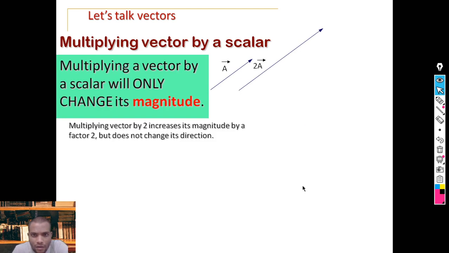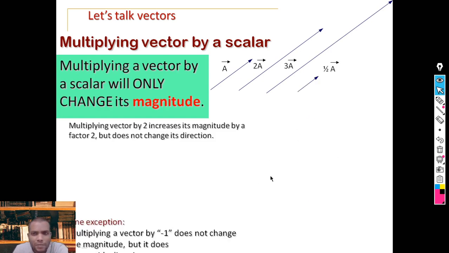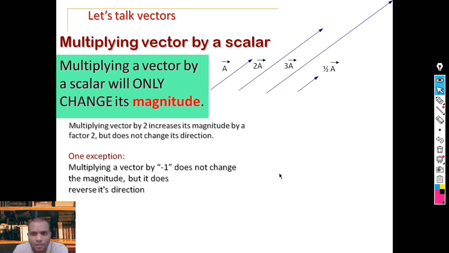Now a bar and 2a bar are both vectors and they both represent the same direction, but the magnitude of the vector is different. And if you multiply that with another scalar 3, that represents 3a bar. Whatever number you multiply with changes the magnitude of the vector.